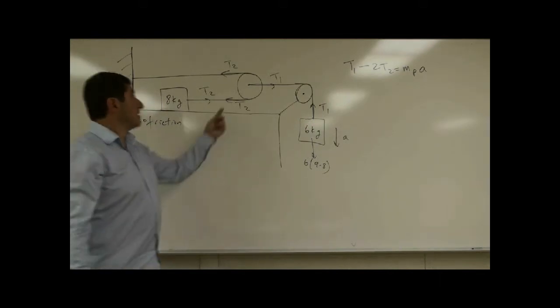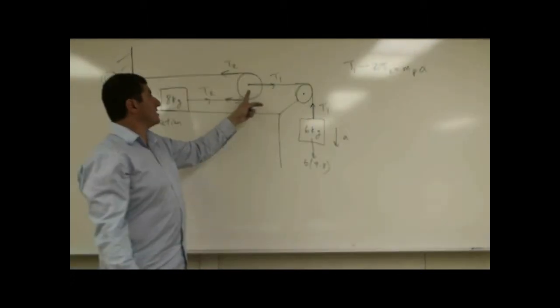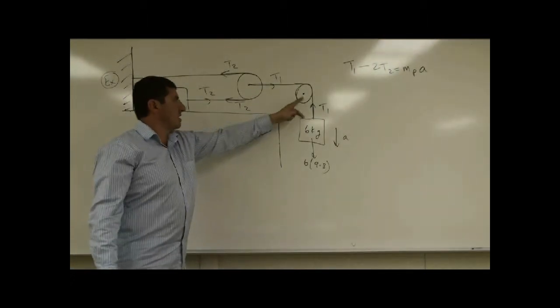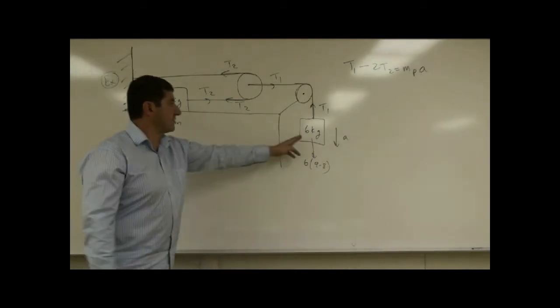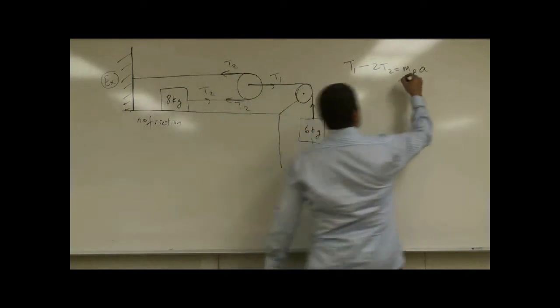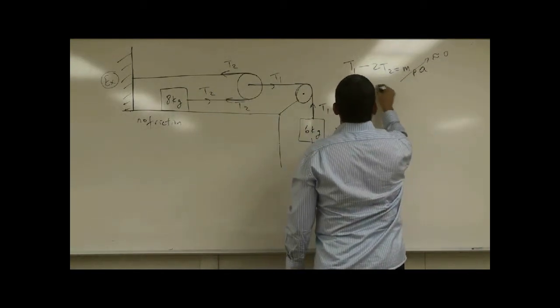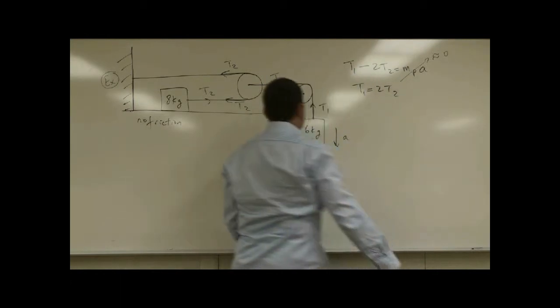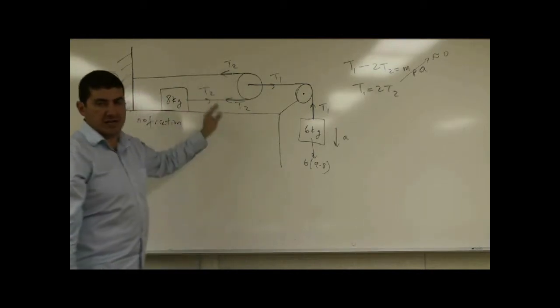If we didn't, then the problem would change a little bit, okay? But if we assume the pulley's mass is negligible compared to the mass of the blocks, then this is going to be approximately 0. And therefore, T1 is going to equal 2T2. So whatever tension this string has is twice the tension that this string has.